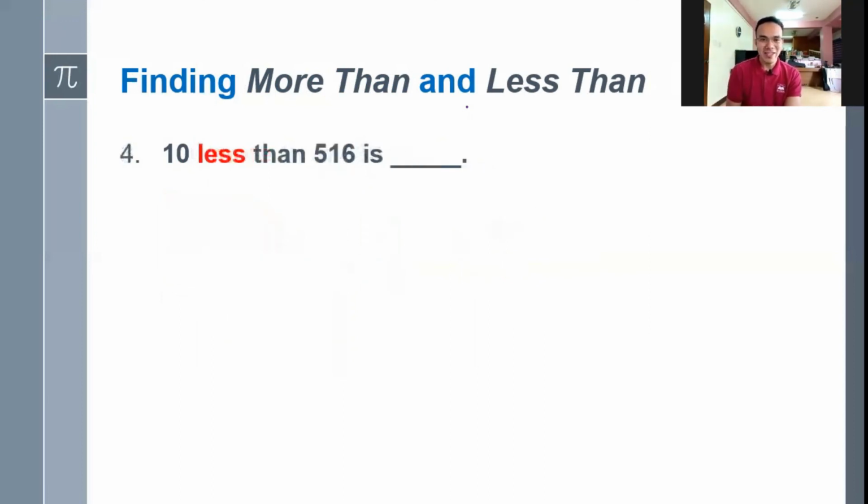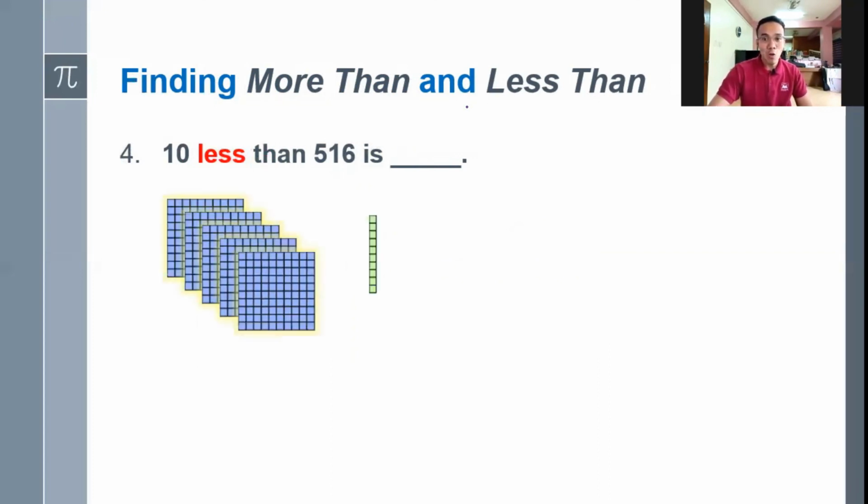Let's have another example. 10 less than 516. So 516 has 5 hundreds, 1 ten, and 6 ones. So when we say 10 less, we're going to take away or remove 10 from this group.